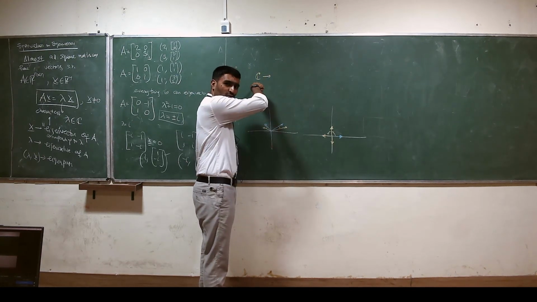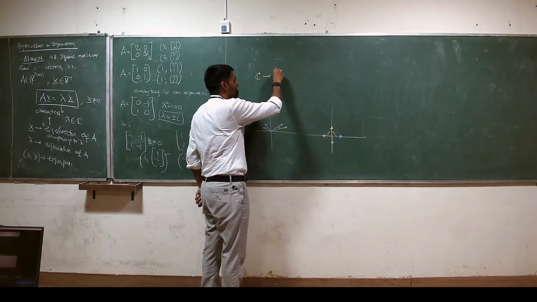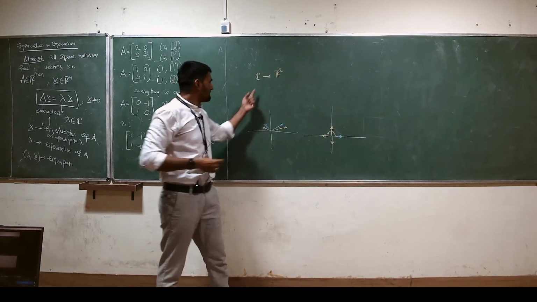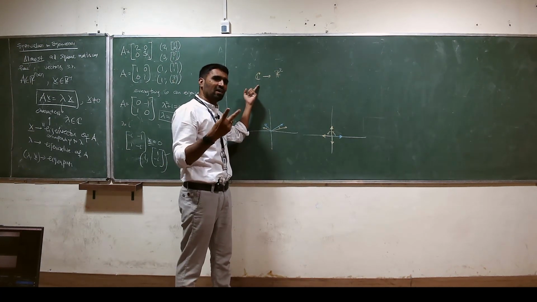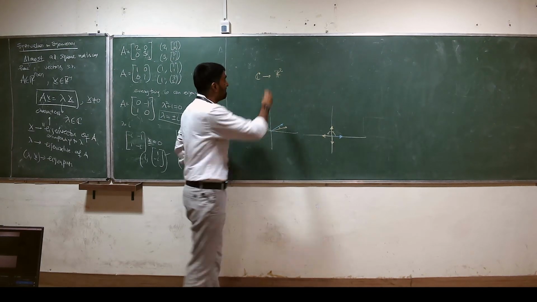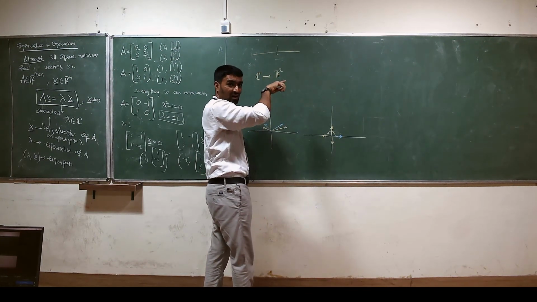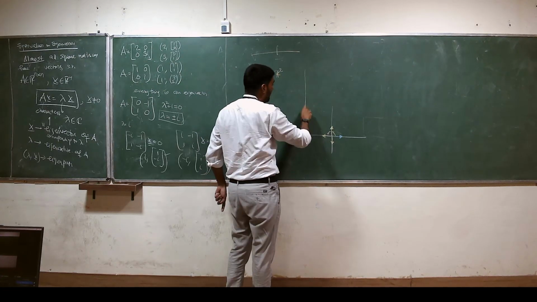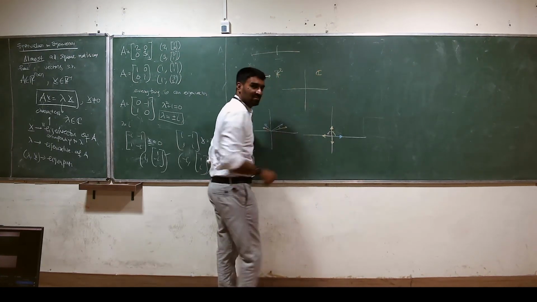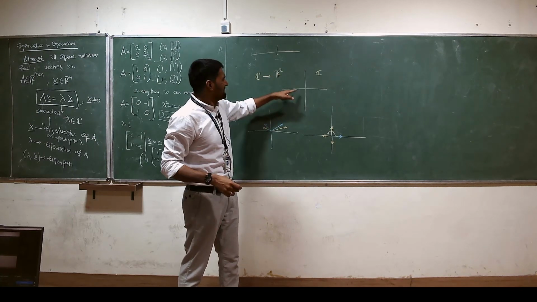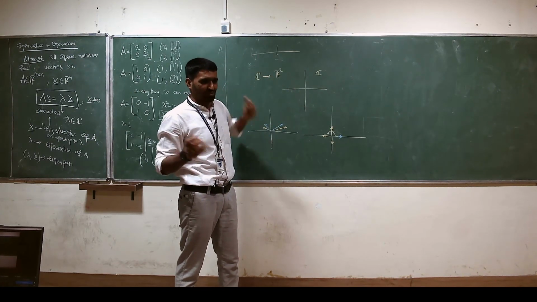But if you look at the complex space, you can think of the complex space as R2, because to represent a complex number you need two real numbers, right? And in fact, when we associate a line with R, we associate a plane with C, right? So you can think of C as essentially R2.